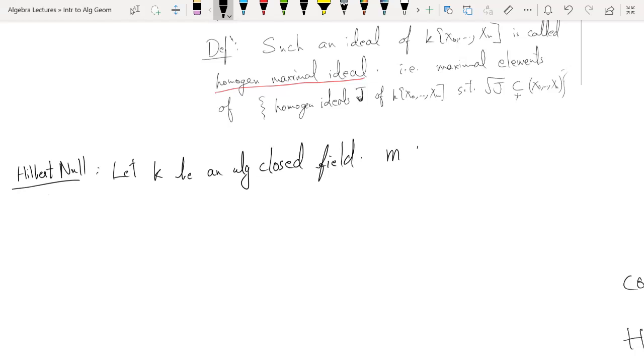Let M be contained in k[x0, ..., xn], a homogeneous ideal.